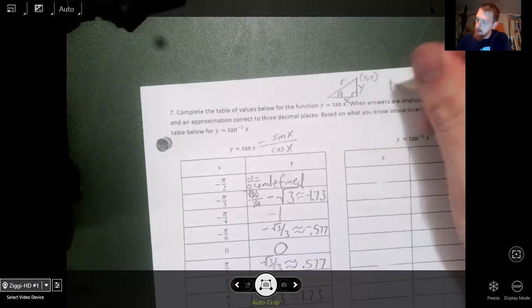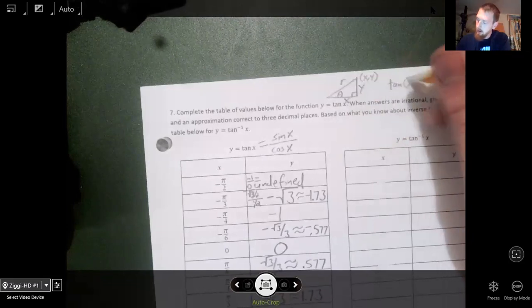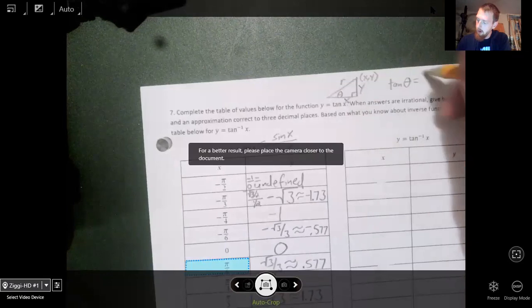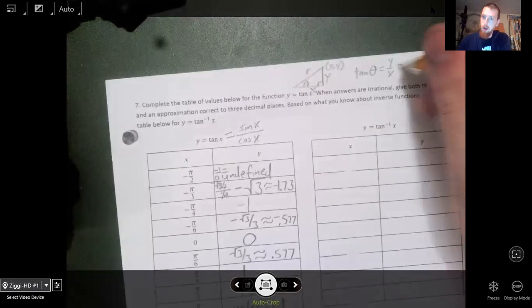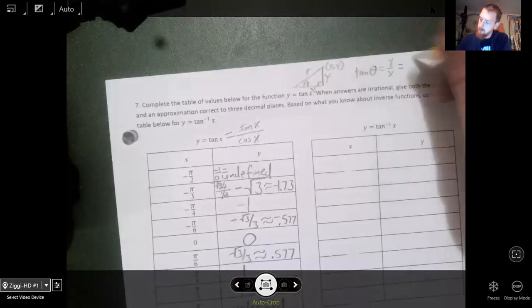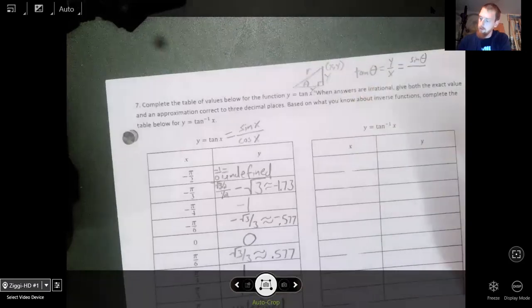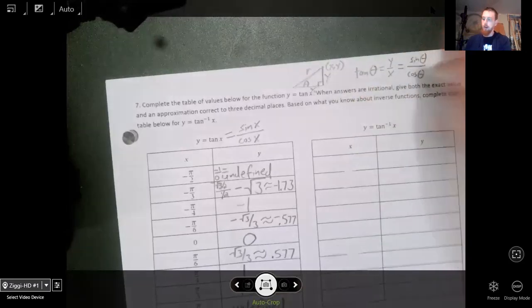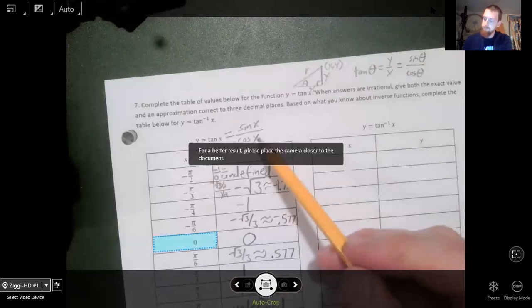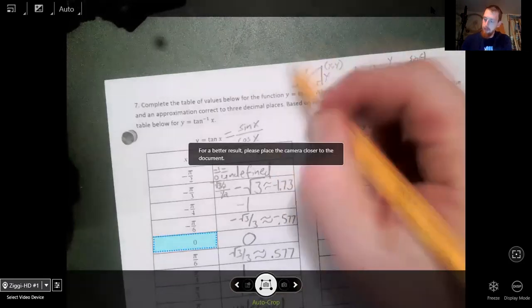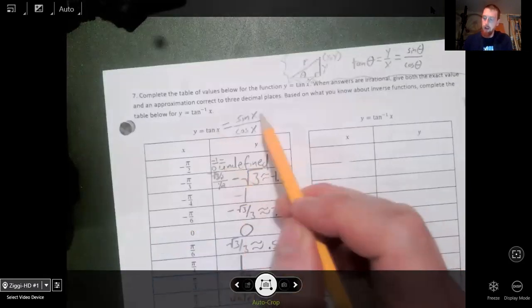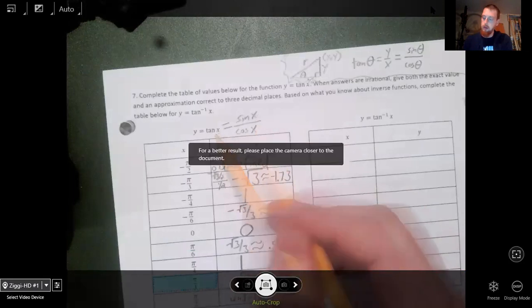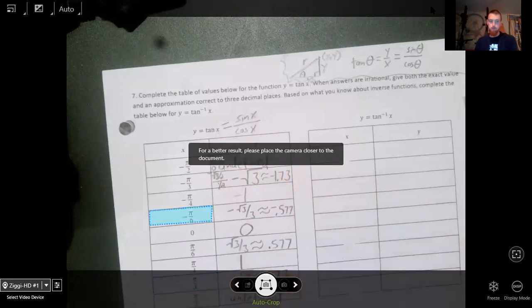So tangent of your angle would be y over x. Well, we know that in the unit circle, the y value of any given point tells you the sine of that angle. The x value of any given point on the unit circle gives you the cosine value of that angle. Here, instead of using theta, we're using x. So tangent of an angle equals the sine of that angle divided by the cosine of that angle.